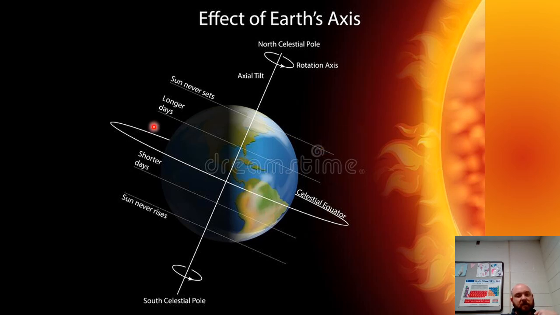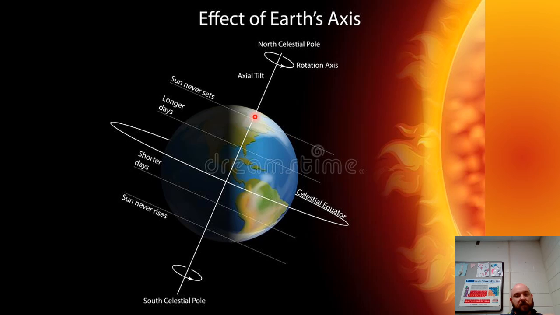So as the Earth rotates around its axis, the northern hemisphere has more direct sunlight, and it has longer days because the land is more exposed to sunlight because of that tilt.